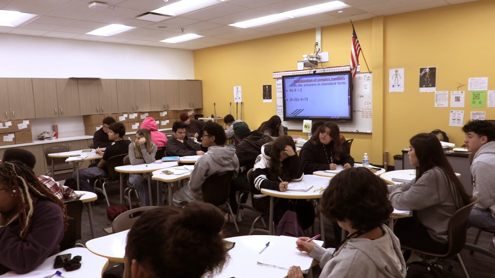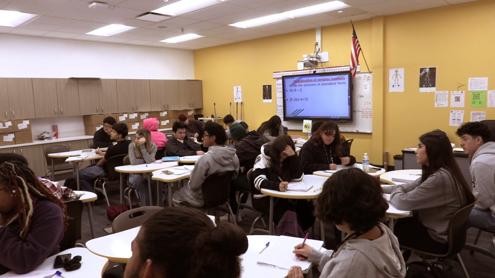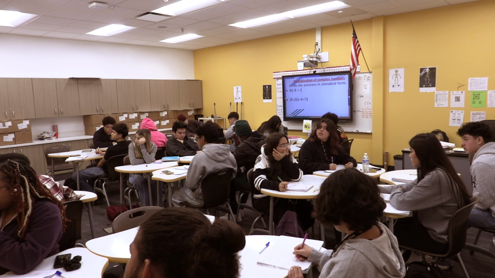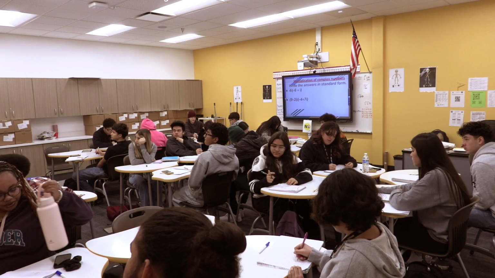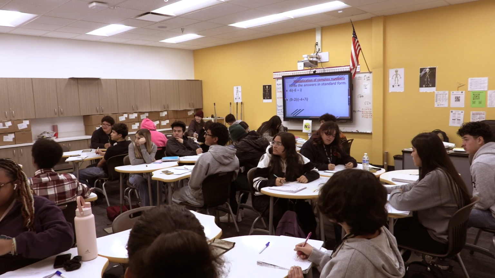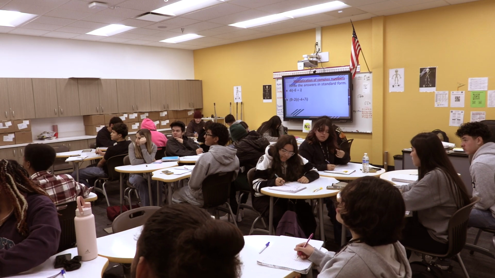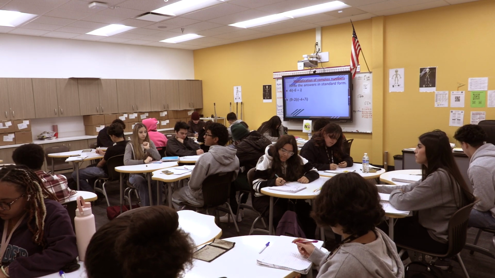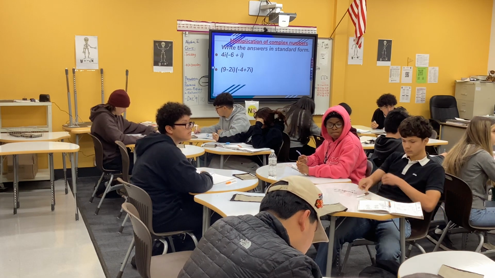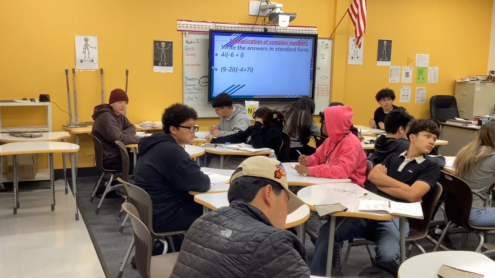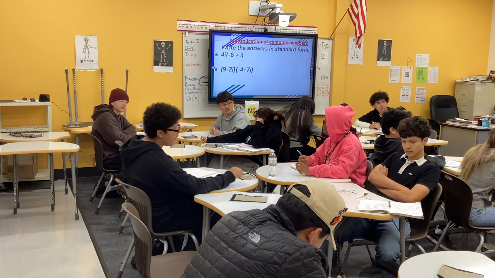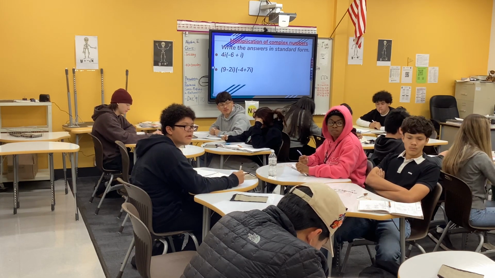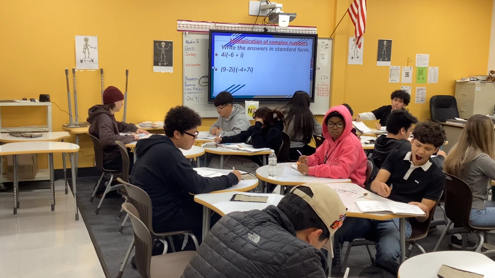Okay, now look at that. This 4i, I'm going to distribute, multiply by that. Jaden, behave. Pay attention and stop writing rubbish on the table. I'll advise you to put this example in your book, not on the table.